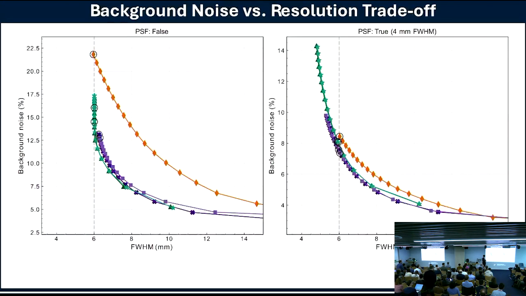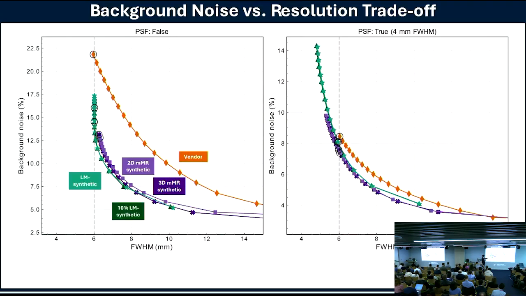Okay, to look at some of the results, this is a background noise versus resolution trade-off of this real data, and we have the vendor reconstructions in orange, the MMR synthetic reconstructions in purple, and our reconstructions in green.